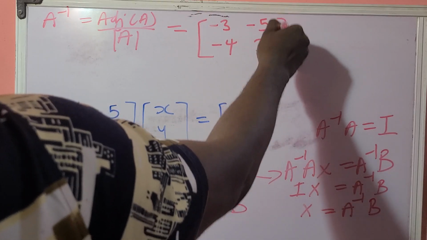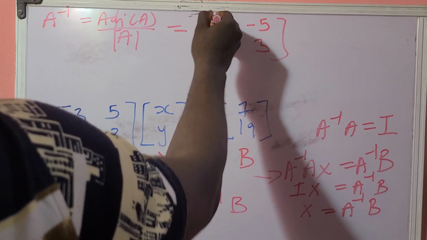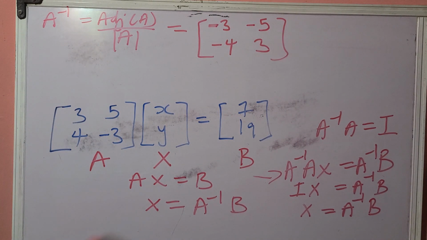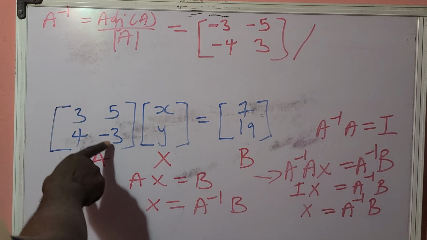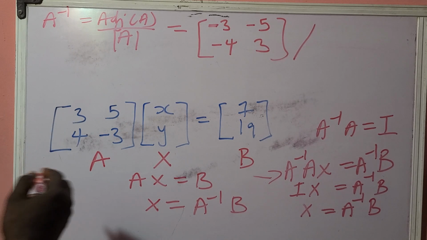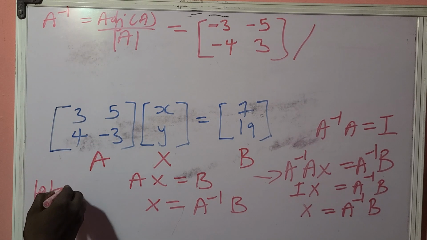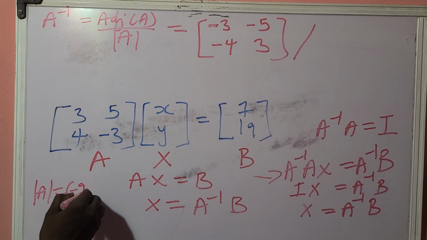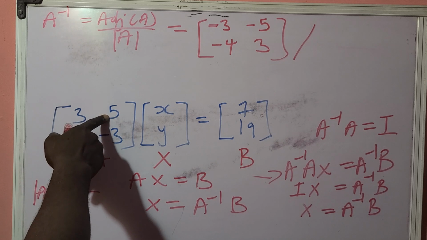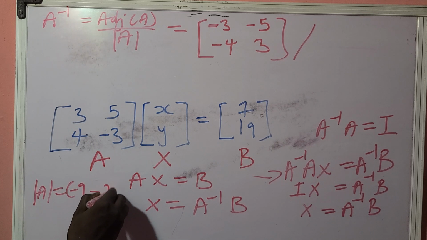This gives me the adjoint of matrix A. Now we divide this by the determinant of matrix A. How do we find it? That will be 3 times -3, which is -9, minus 4 times 5, which is 20.